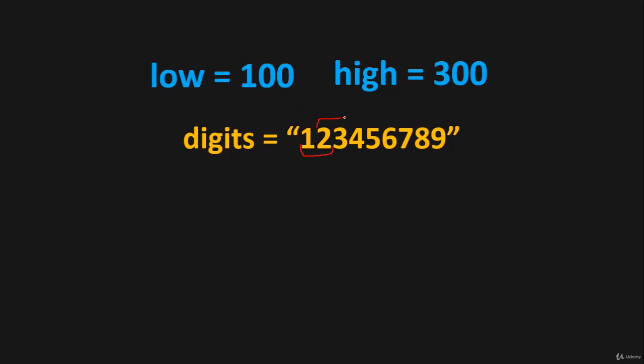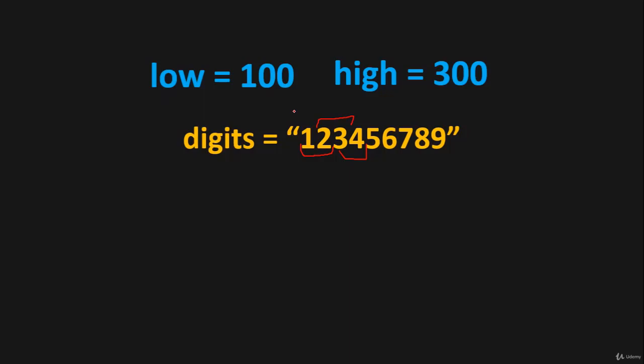If we choose 2 3, it is less than 100. If we choose 3 4, it is less than 100. So any two sequential digits from this string are less than low, so we can't choose sequential digits of length 2.